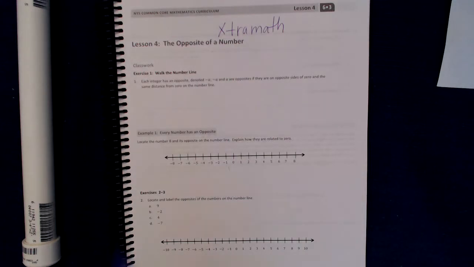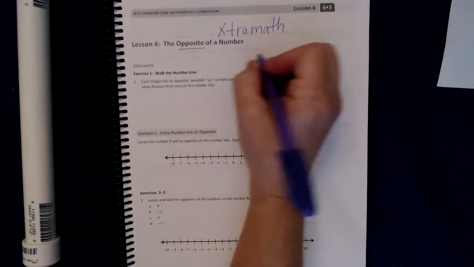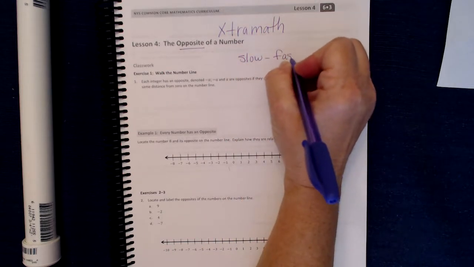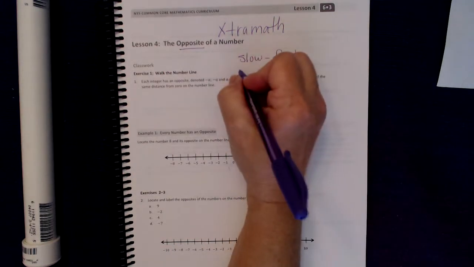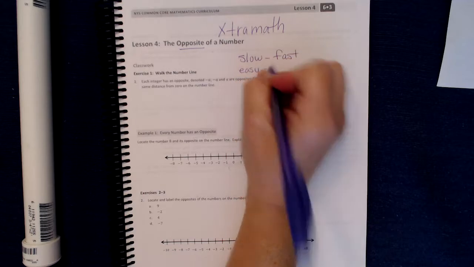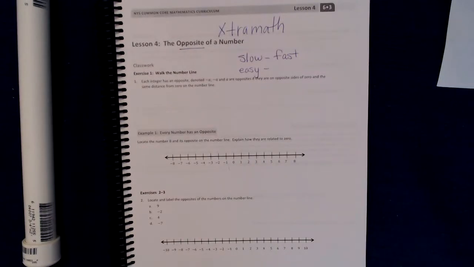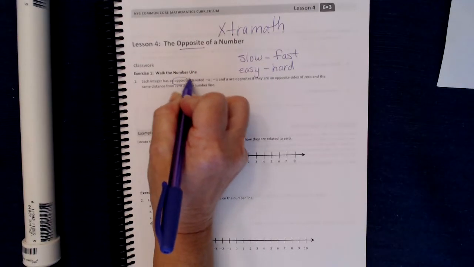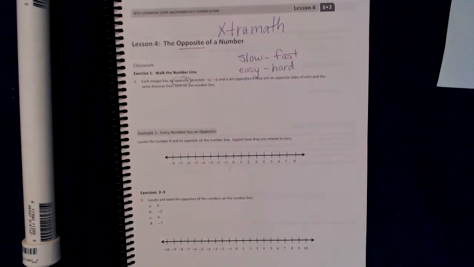So we're going to review a little bit about what opposites are. Well, we know that the opposite of slow is fast. You know that the opposite of easy would be hard. Well, numbers also have opposites. If you would circle this word right there, opposites. Numbers have opposites.